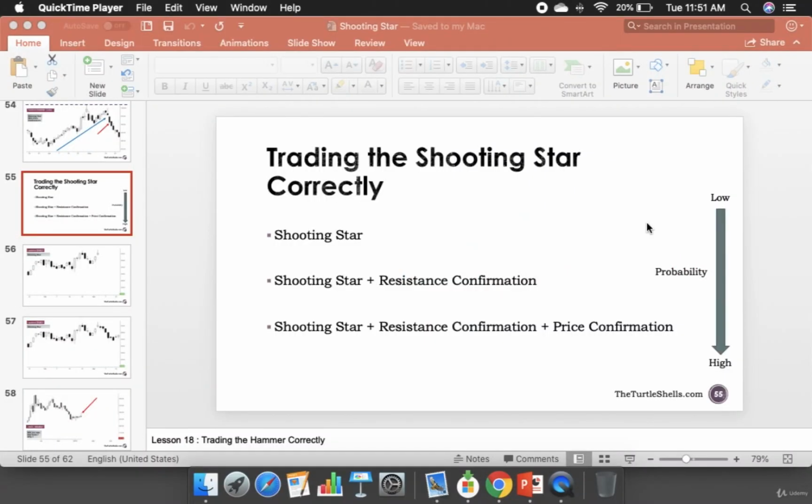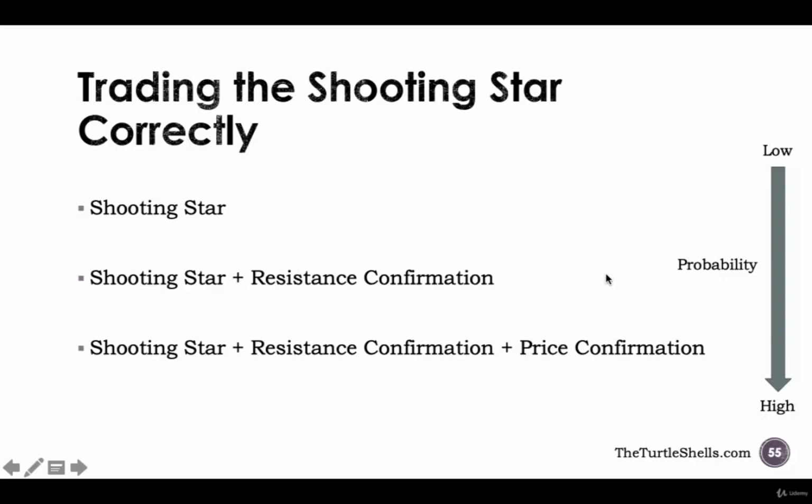Alright, now let us have a look at that old model which we have discussed for the 4 bullish engulfing patterns, where we go from the shooting star, then we go for a shooting star which is confirming prior resistance, and then the shooting star that not only confirms prior resistance, but also gives us the price confirmation.